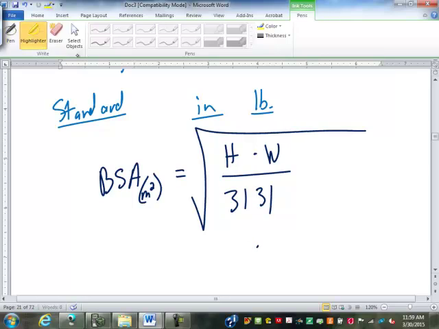The 3,131 is just a constant that has been found to be the best estimate of body surface area through the years. Of course, any of these formulas are just estimates because everybody is shaped differently based on height and weight. This is never going to be exact.